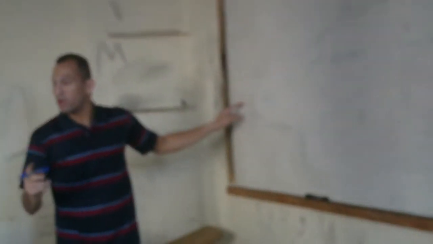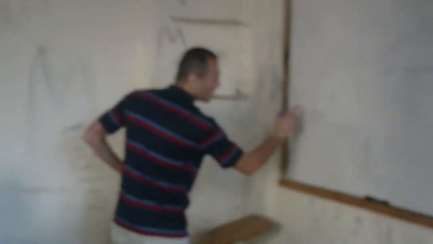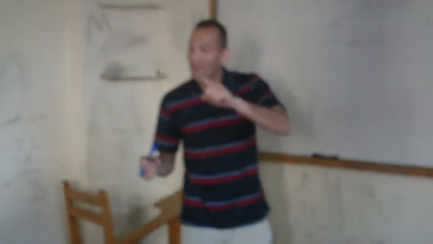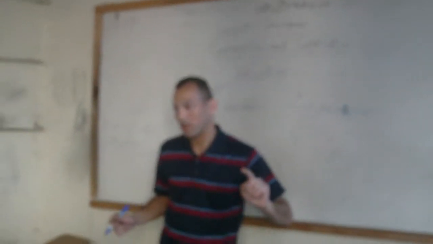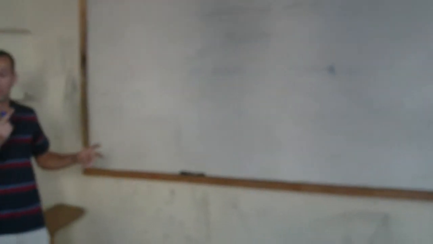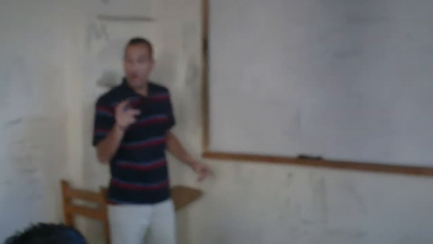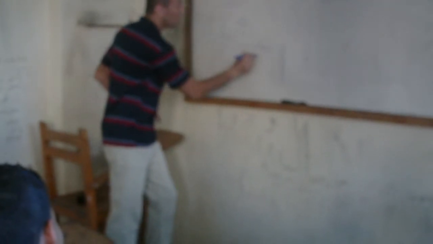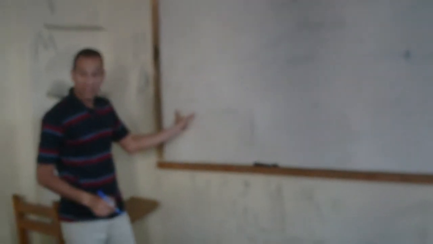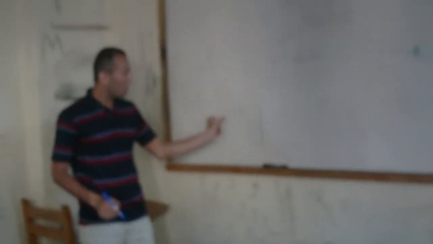I will compare between the car and the train. Of course, we know the train is faster than the car. When you want to compare between two somethings, you will use this grammar rule: the adjective plus er plus than.